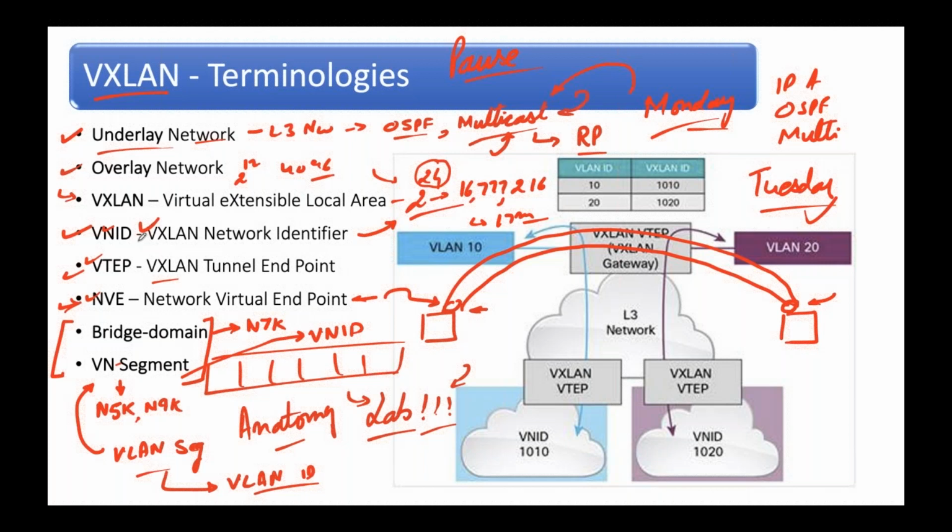This is just an introduction of the terminologies. The implementation will be in the lab. That's what I want to stress. So please don't miss the lab session if you really want to understand VXLAN. Otherwise, VXLAN is incomplete.